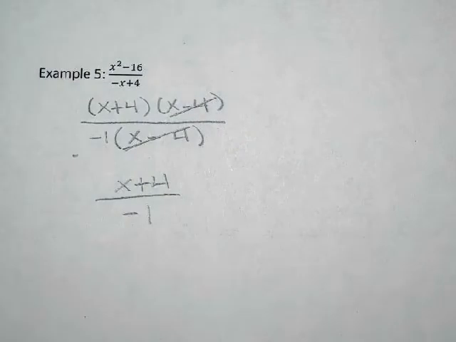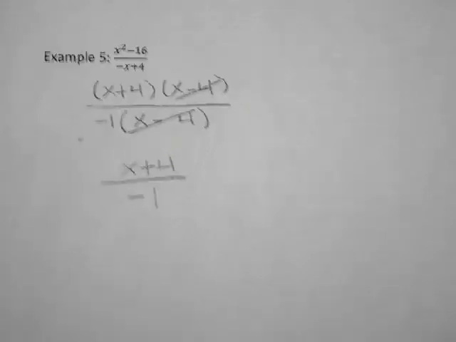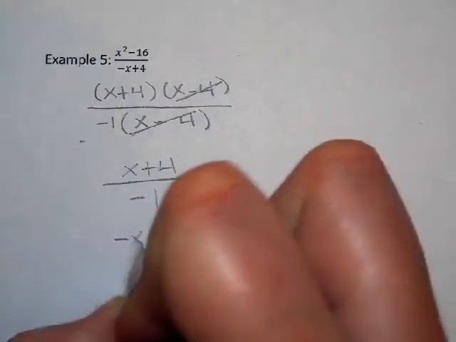Now, most people would not leave that in factored form. Most people would say, oh, I have an x plus 4 divided by a -1. I can actually do that division. So what is x plus 4 divided by a negative? Yeah, it's a -x and a -4, and that's what our final answer is.